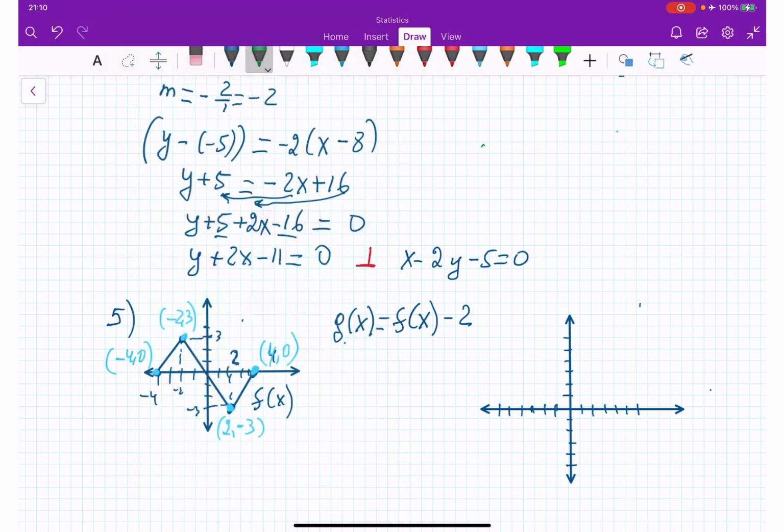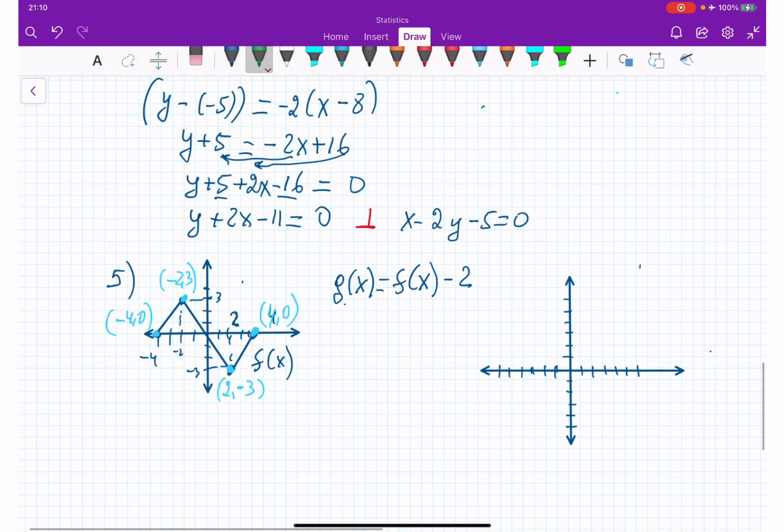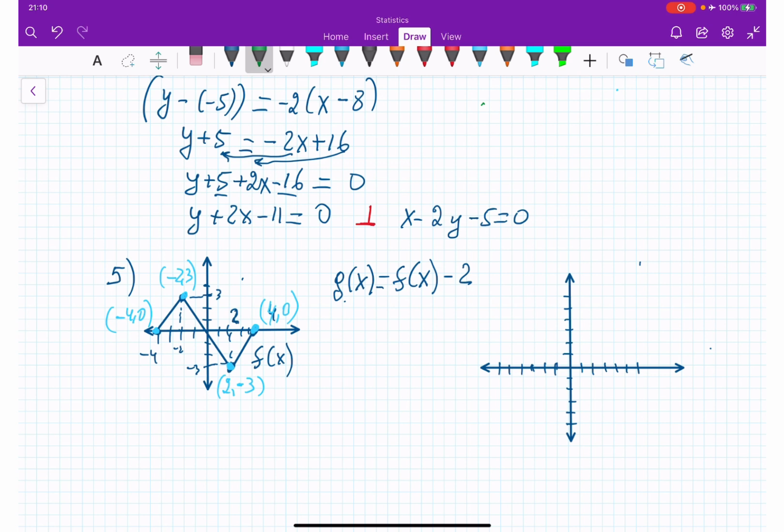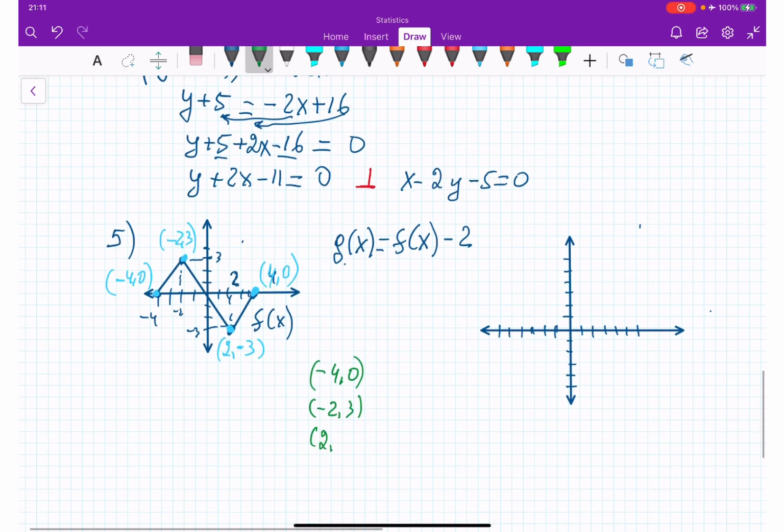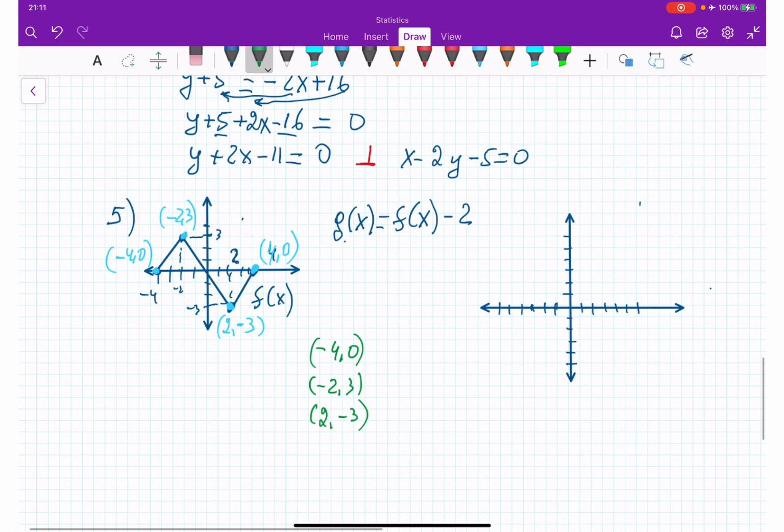Let me take this one. Let me write out all these coordinates. We have negative 4 and 0. We have negative 2 and 3. We have 2 and negative 3. And we have 4 and 0.